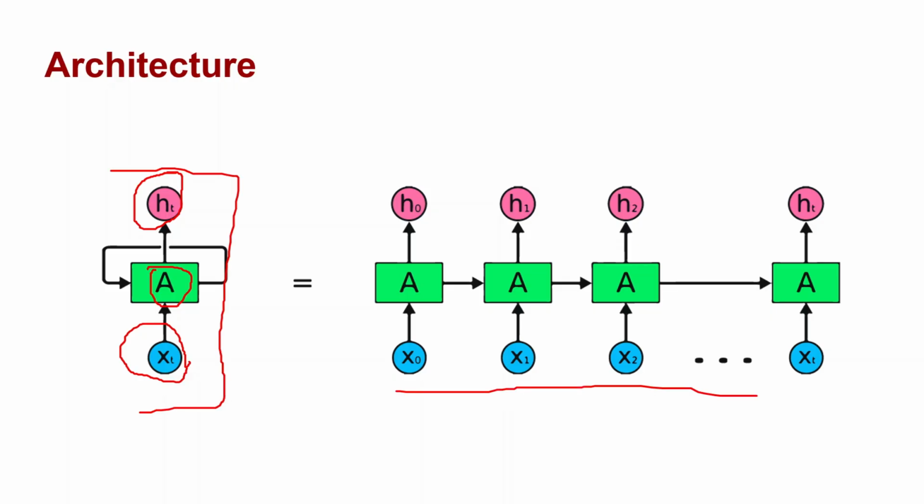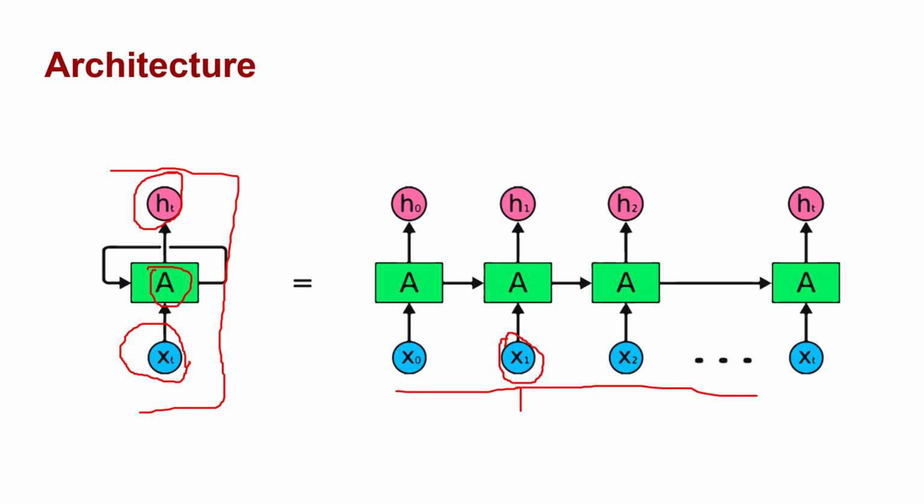When I process, for example, x1, I'm giving an input over here, that is x1. It is getting processed at the neuron over here.